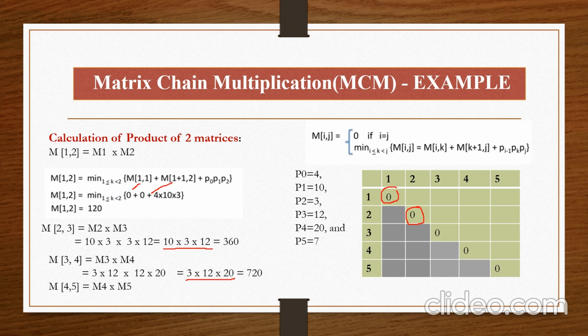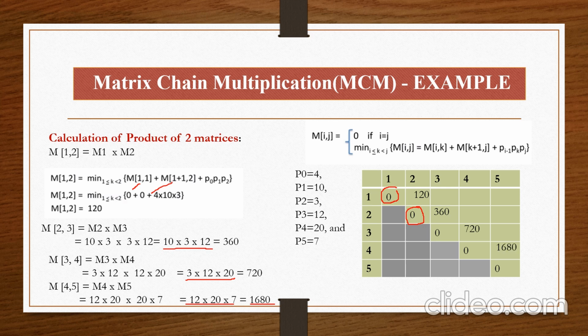Here also directly we can multiply p3, p4 and p5 and we get 1680. So these values have to be filled inside this matrix. So it will be 120, 360, 720 and 1680.